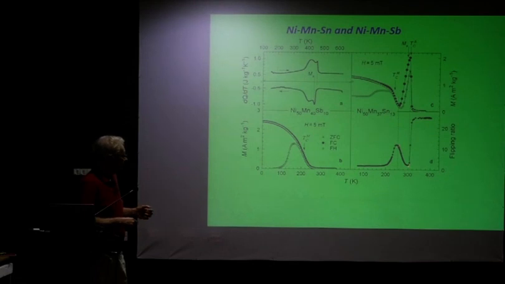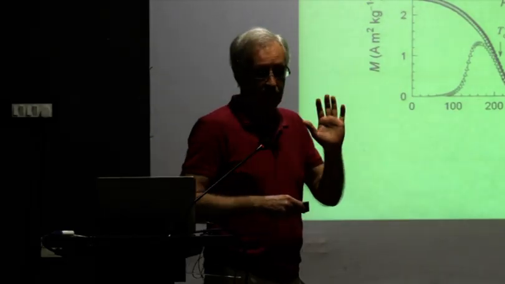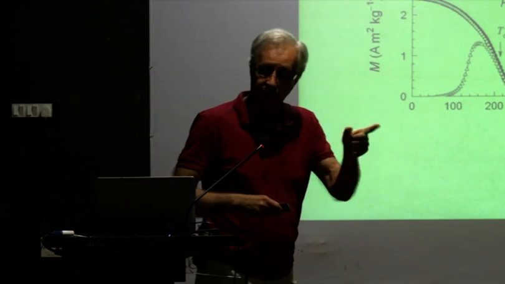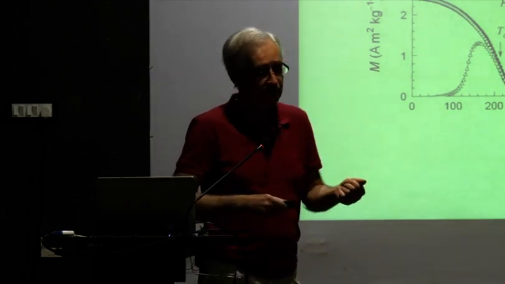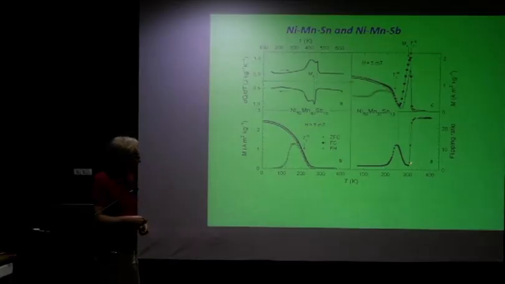But what we now know is that this drop is caused by the disappearance of ferromagnetism, first of all. I'm not saying the appearance of antiferromagnetism because we haven't done that yet. But ferromagnetism is disappearing, but not fully.